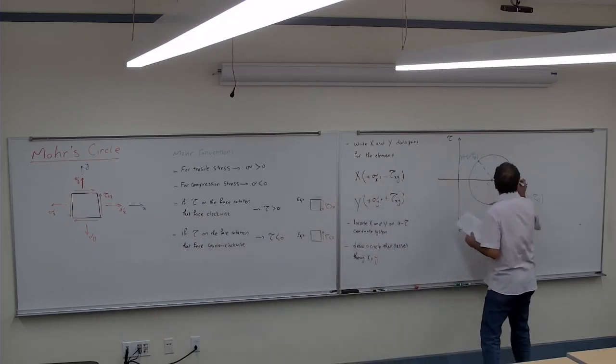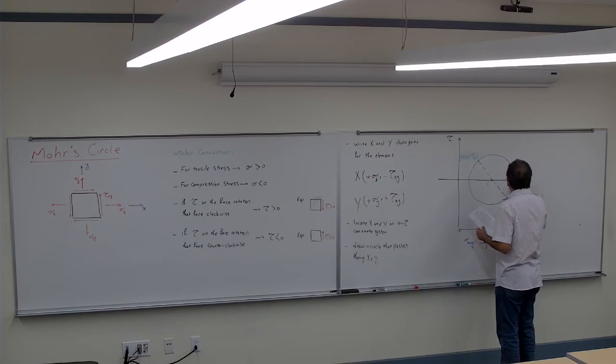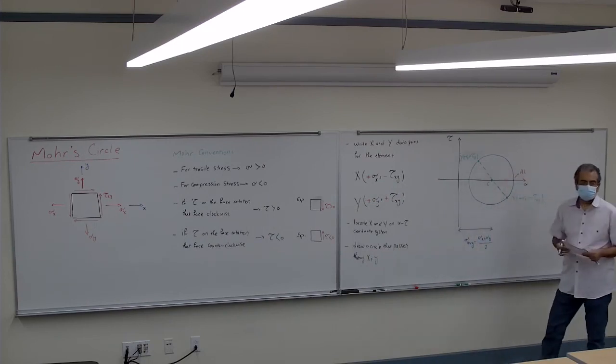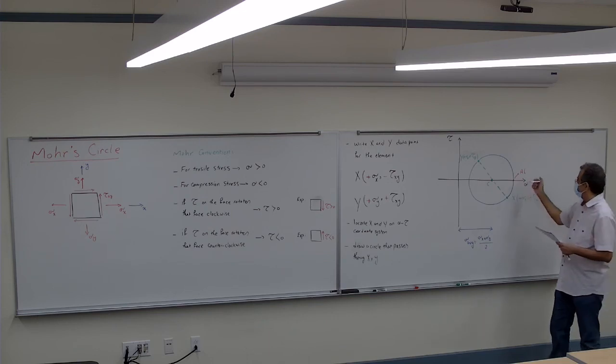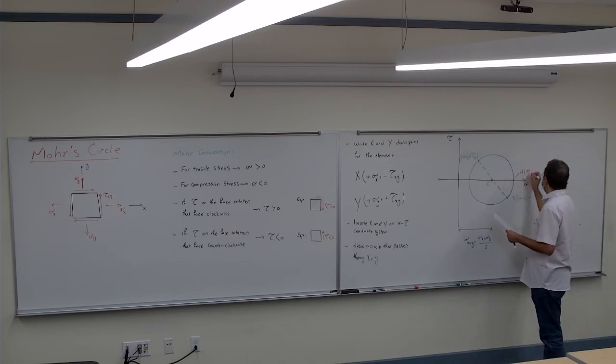If this is a point A, what's the coordinate for the point A? X is sigma max and Y is 0. So the coordinate at the edge is going to be sigma max and 0.